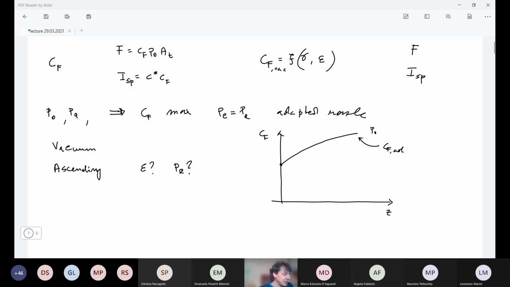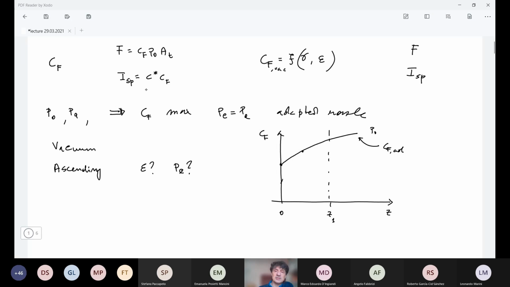So of course we can imagine that if we are working, let's say, in this range, so from this altitude to this one, we can imagine, let's do something in the average.